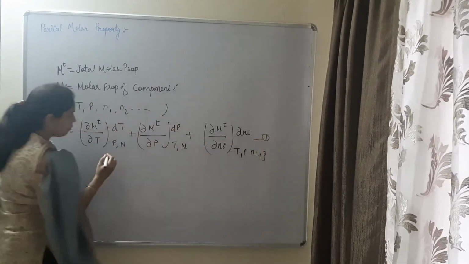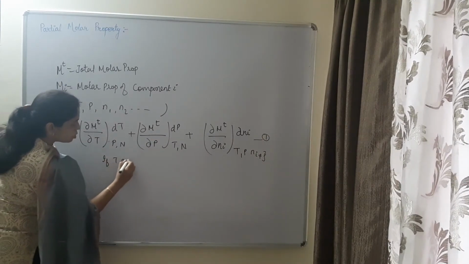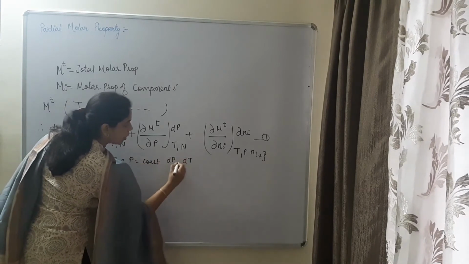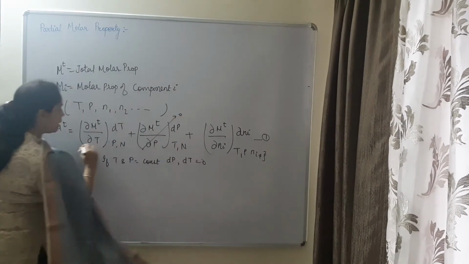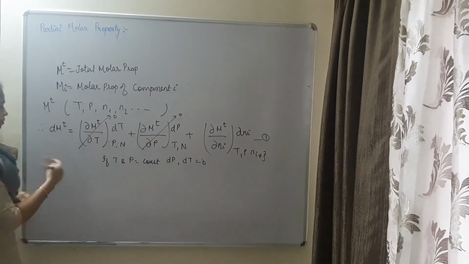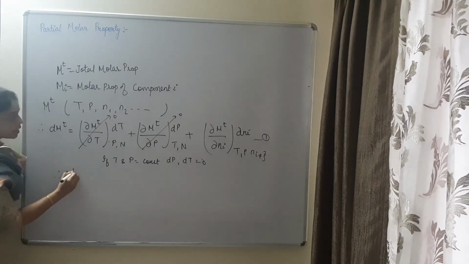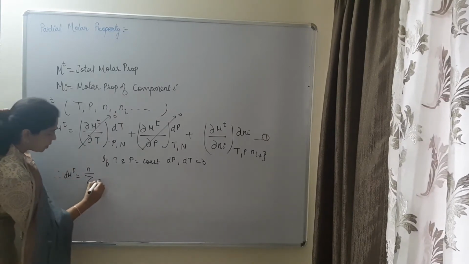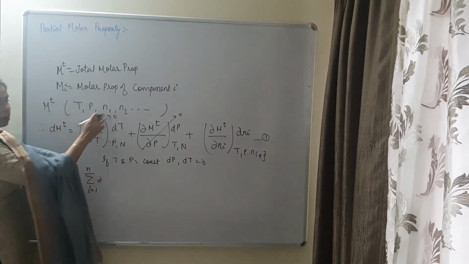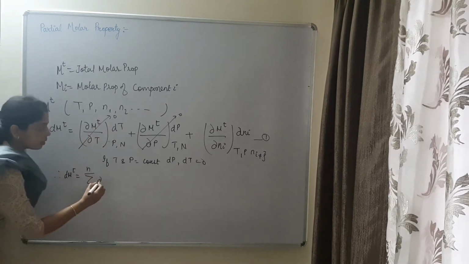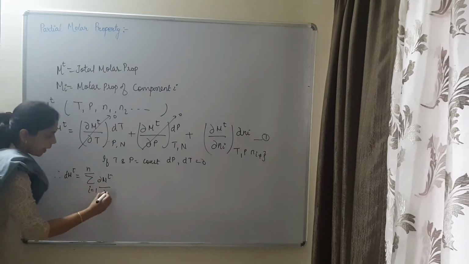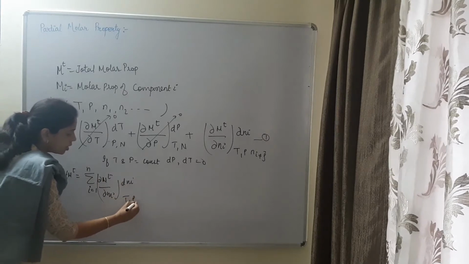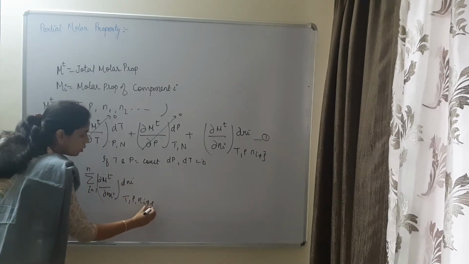Then if temperature and pressure are constant, the changes in temperature and pressure are equal to 0, so these two terms become 0. Then we have dMt equals the summation over i equals 1, meaning component 1, of the partial of Mt with respect to ni dni, where temperature and pressure are constant and n is not equal to j.